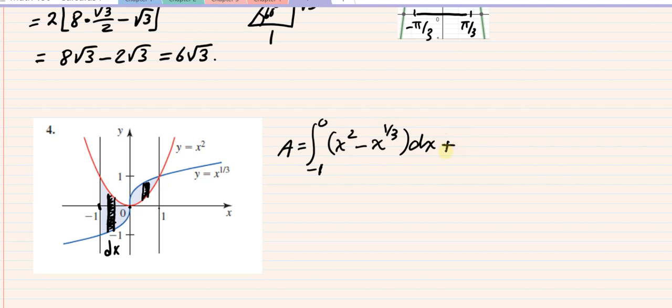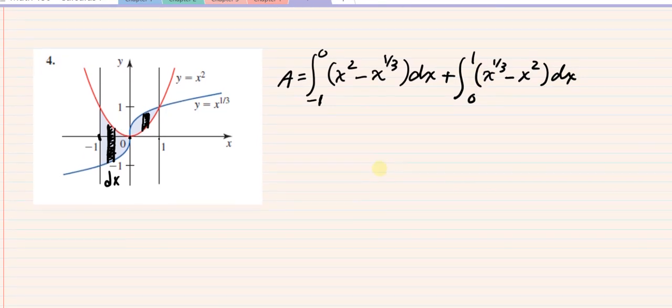And then we add the integral from 0 to 1 of the blue curve, which is x to a third, minus the parabola. You see how we have to adjust for which function is positive and which one is negative. Now, the integration part is actually pretty easy.